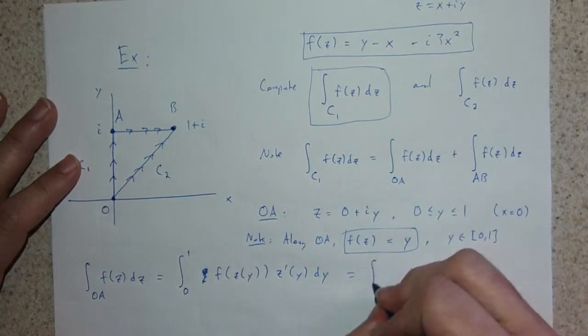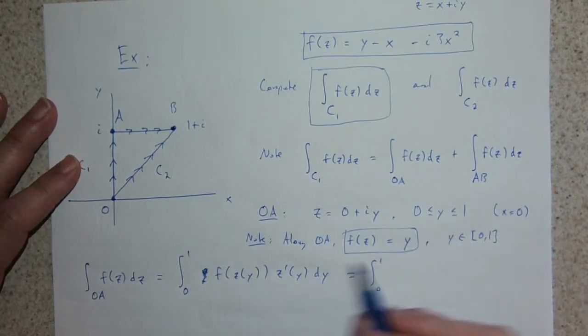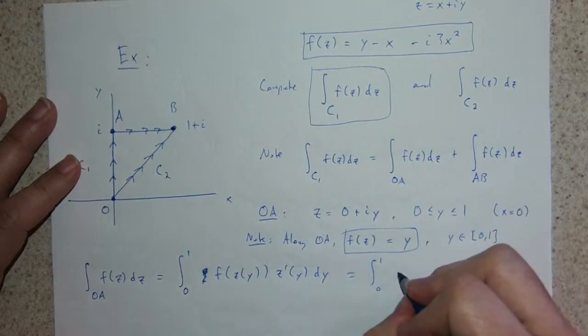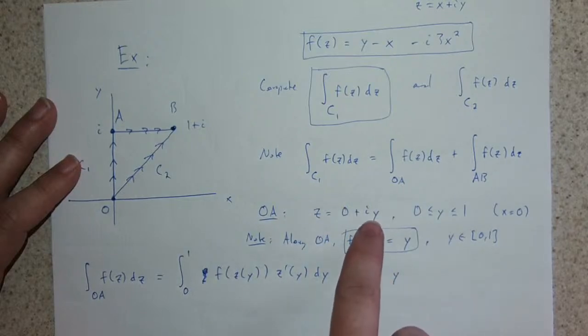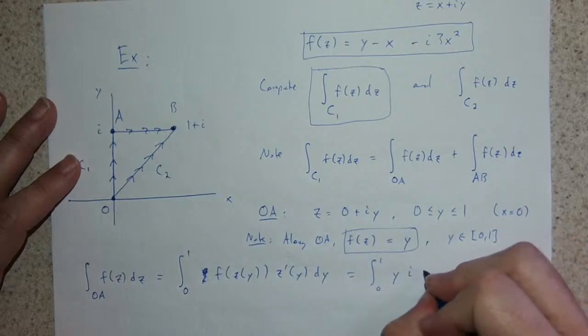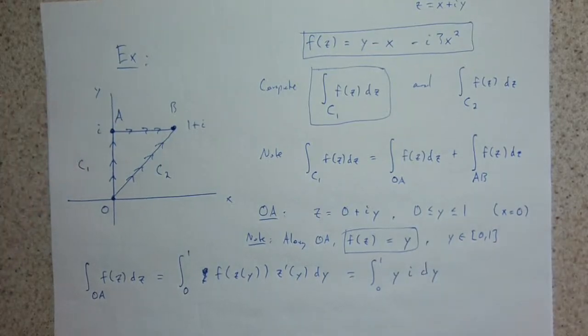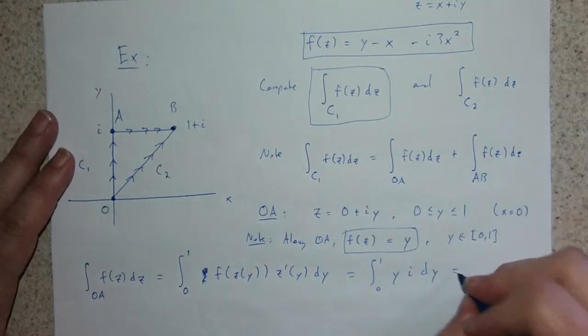Okay, so this is the integral from 0 to 1. F of z of y, as we saw here, is just y. And z prime of y, well, that's the derivative of this z parametric description with respect to the parameter y. So derivative of that is just I. Right, so this is I dy. Okay. So then I can pull that I out.